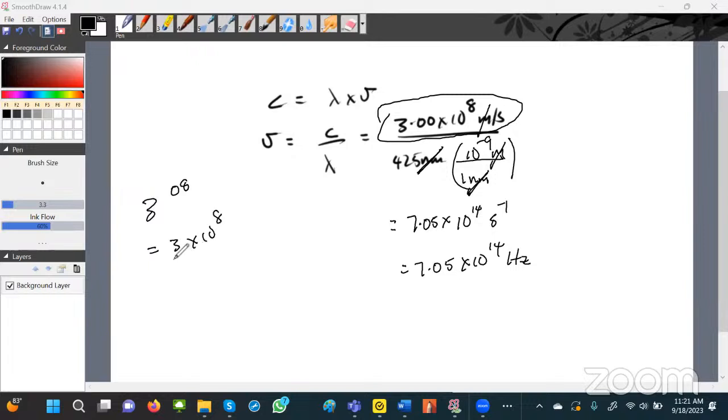So you guys have to be careful about how your calculator deals with expressing numbers in this way, all right? But that's all I did. I just put the numbers in, and that's the result I get when I hit the equal sign.